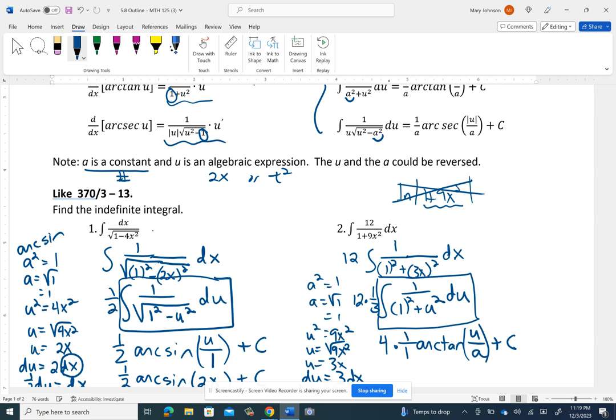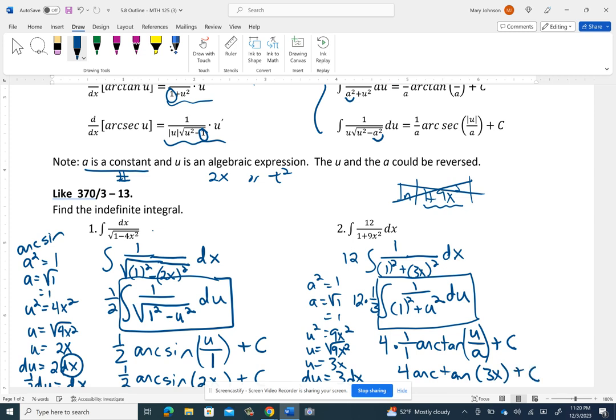So you're going to wind up with the answer being 4 arctan, and then in place of the u, put the 3x back in. Oh, and a was 1, so I don't really need to do that divided by. So that's arctan of 3x plus c.